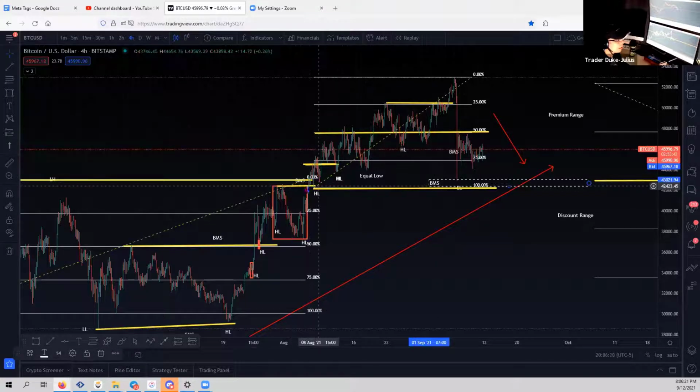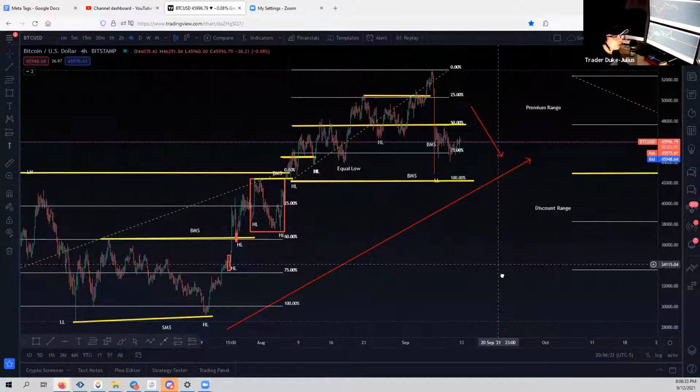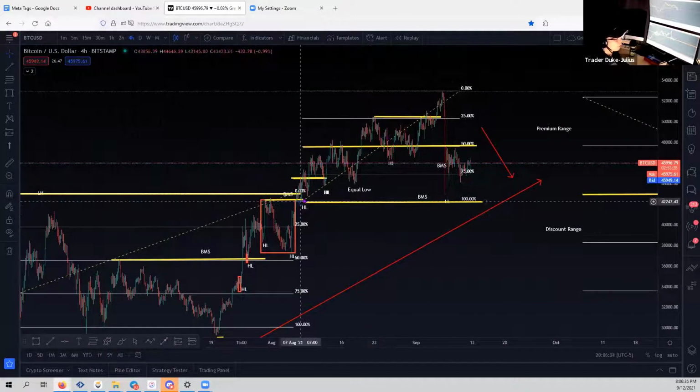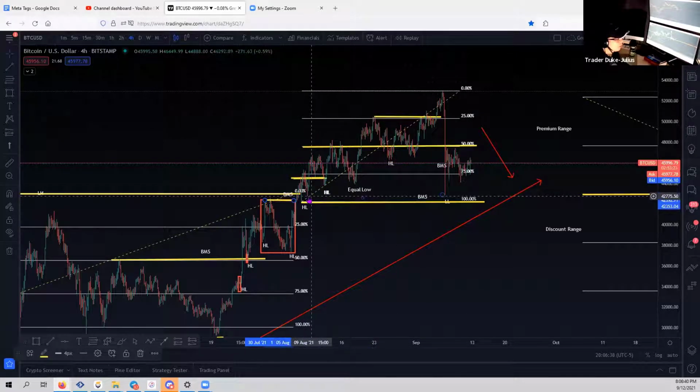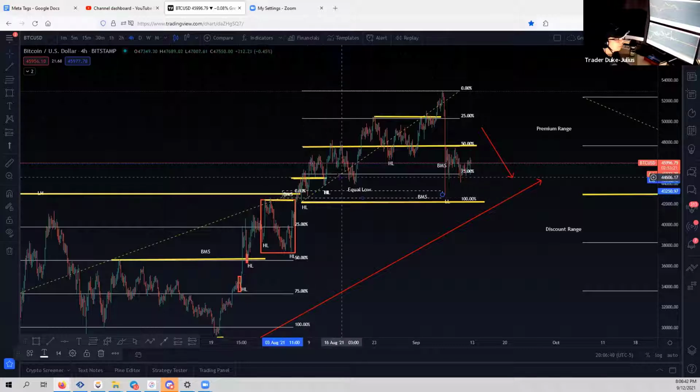So if price BMS this structure right now, then I would have a change in thesis, and everything I'd be looking for would be sell orders. Okay. So that's how I dropped my fib setting from here, right?